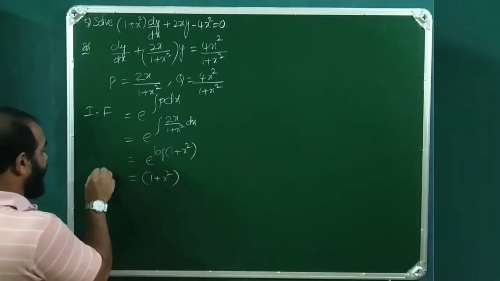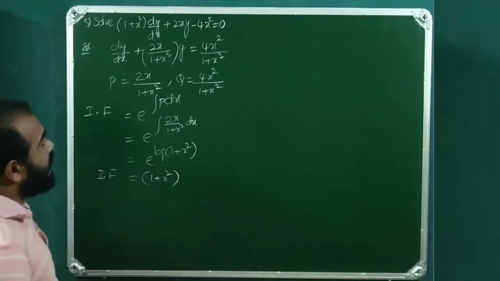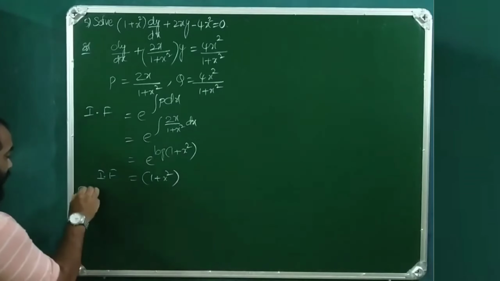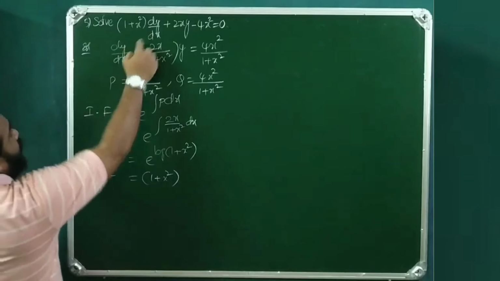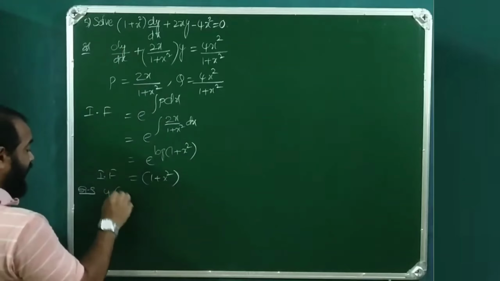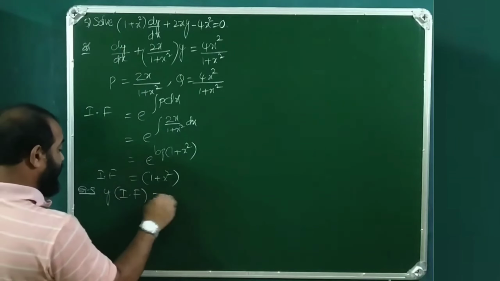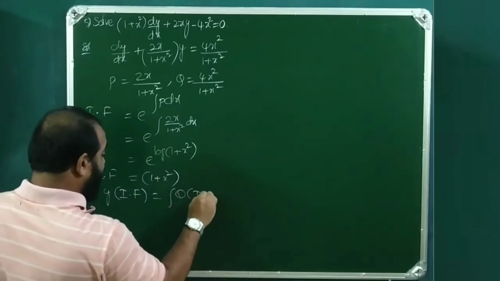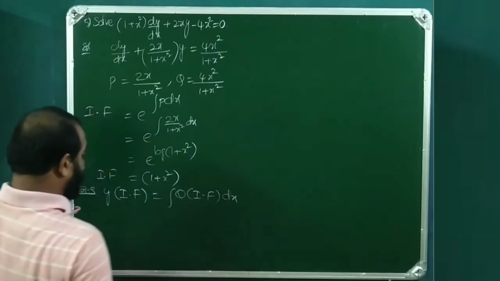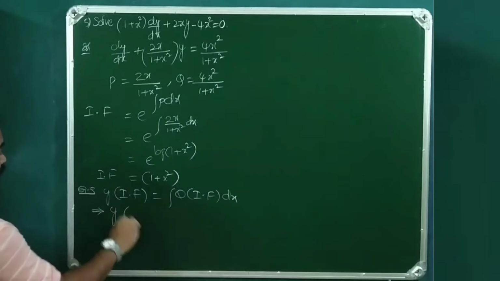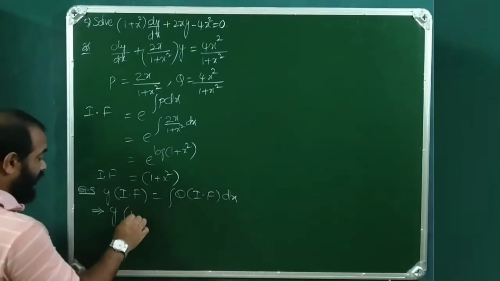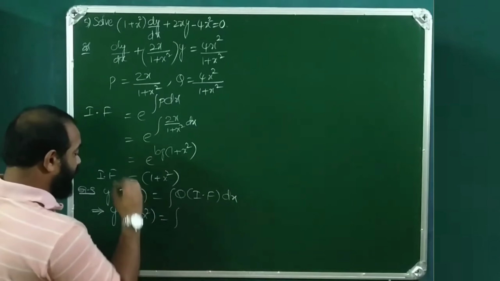This is our integral factor and the general solution is, y into integral factor is equal to integral q into integral factor into dx. So this is equal to y into integral factor, which is 1 plus x square.